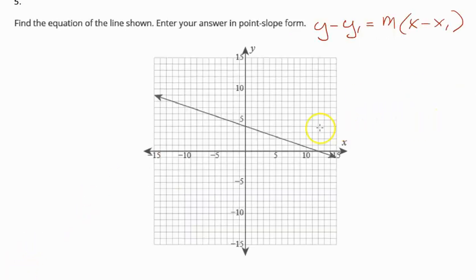All right, for example 5, here is the equation. Now, what we want you to do is to write the equation of this line in point-slope form. And to give everyone a hint, you'll want to find your M. You'll want to find one point.